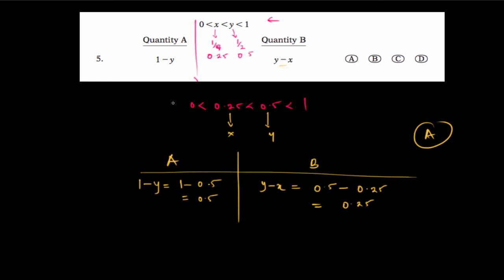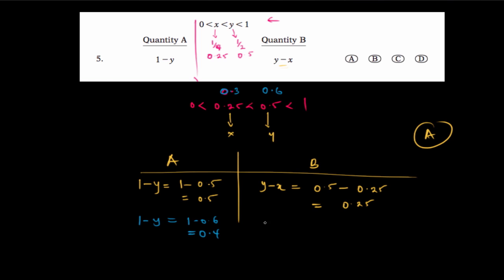You could decide to choose different numbers, just to be sure of your answer. Let's say you choose 0.3 for x and 0.6 for y. Your A is 1 minus y, so 1 minus 0.6, which gives you 0.4.